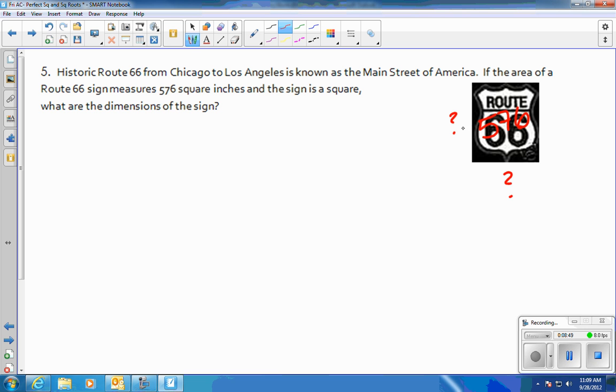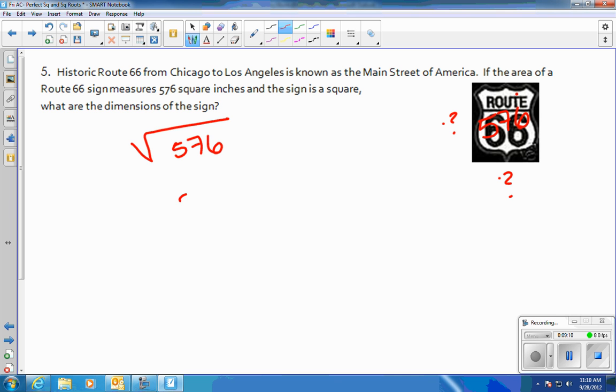Now remember, with a square, we multiply this times this to get that. So that should be a clue that we are working backwards. So when you're talking about a number squared to get something, and we're working backwards, that's telling you you're doing square root.